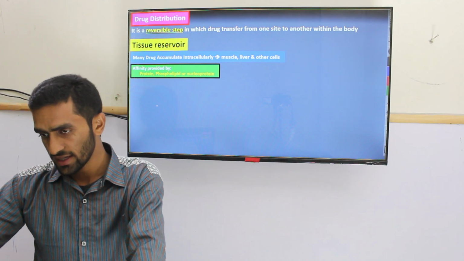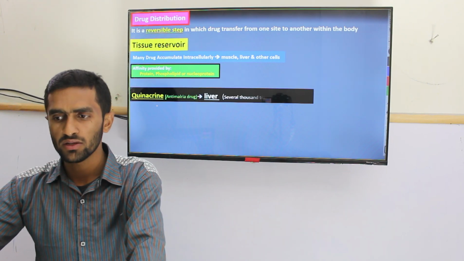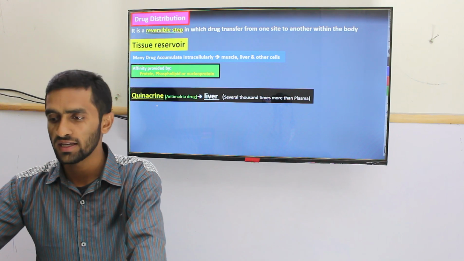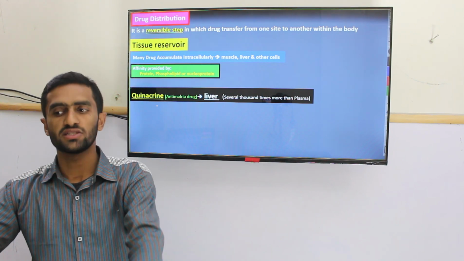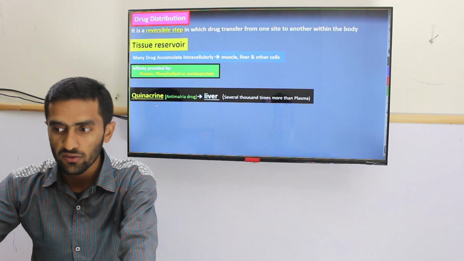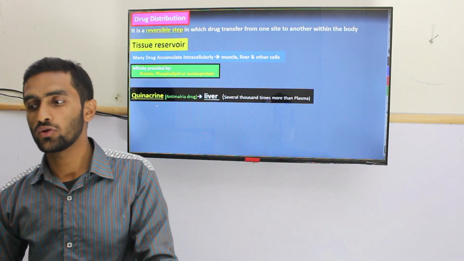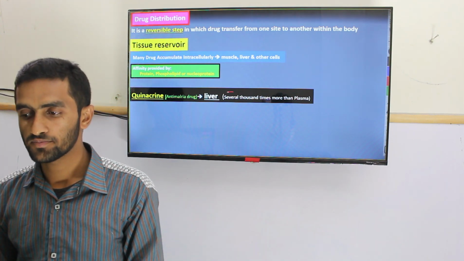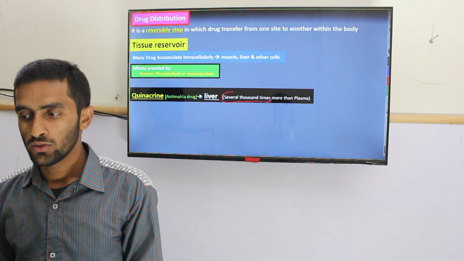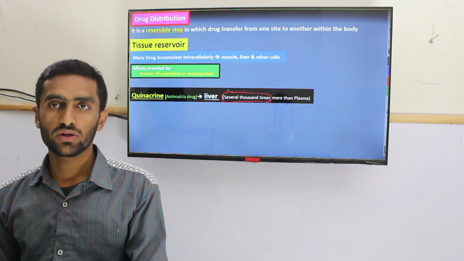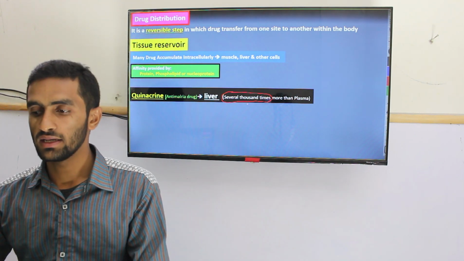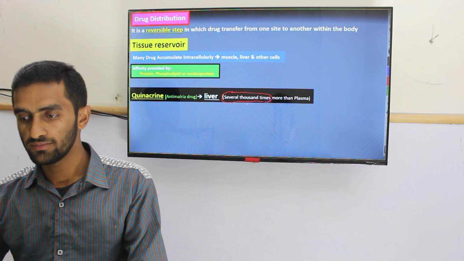For example, if you look at quinacrine, an anti-malarial drug, it's stored in the liver several thousand times more than in your plasma. So you can see how the drug is going to be stored in the liver.